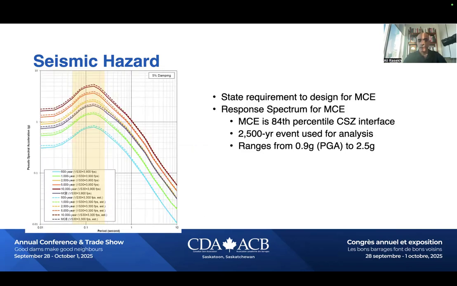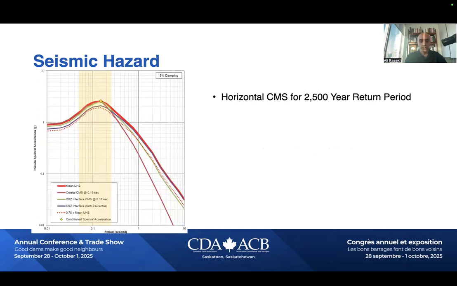Typical seismic hazard, and the response spectrum for MCE is shown in between. MCE is the 80th percentile for the Cascadia subduction zone interface. The pseudo-spectral acceleration ranges from 0.9 G, which is PGA, to 2.5 G response, which is at about close to the primary period of the system.